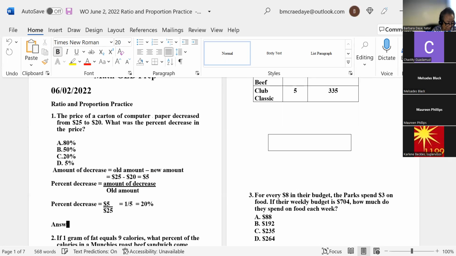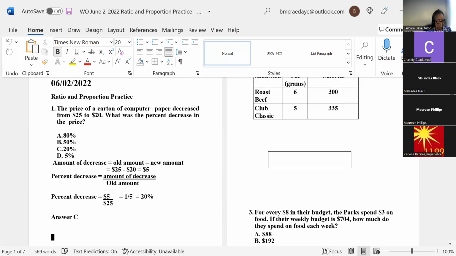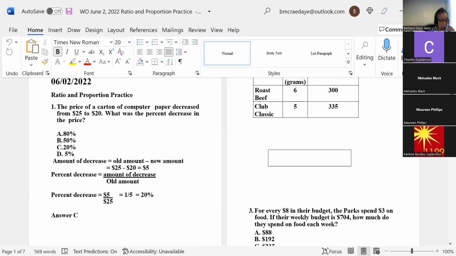That's one way of doing it. Answer C. The other way you could set it up is a ratio proportion. All right, let me show you how you would set it up. Now you decide which way is easier for you. Ratio proportion is a good tool to use, but it may not always be the best, but it does work.